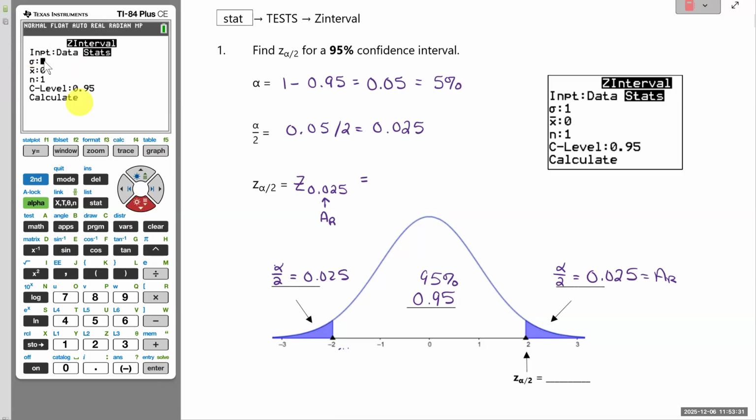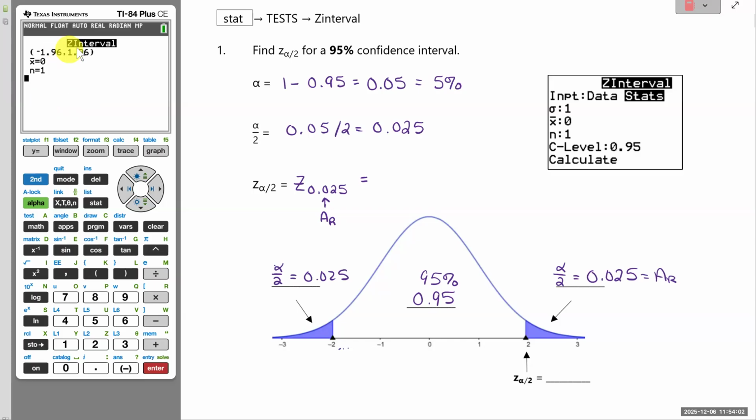For sigma, we want 1. X bar, we want 0, and N, we want 1. Later, when we start doing application problems, we'll have different values that go here. What we're doing now is just using the Z-interval for the purposes of finding a Z-score, but later we use it to do applications. C level stands for confidence level. You want 0.95 there. And then calculate.